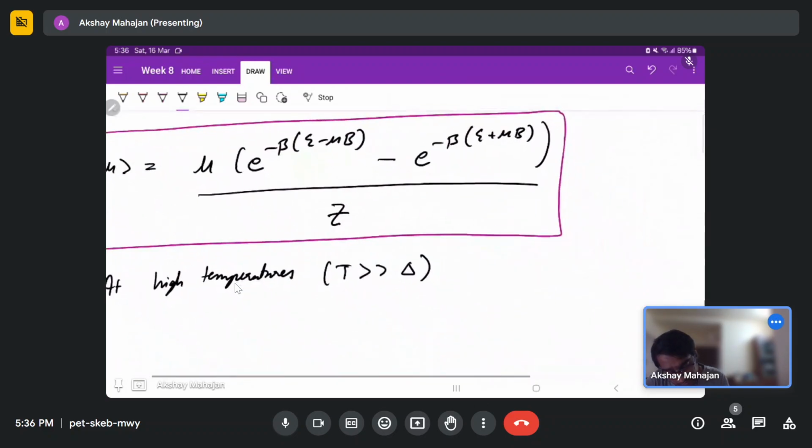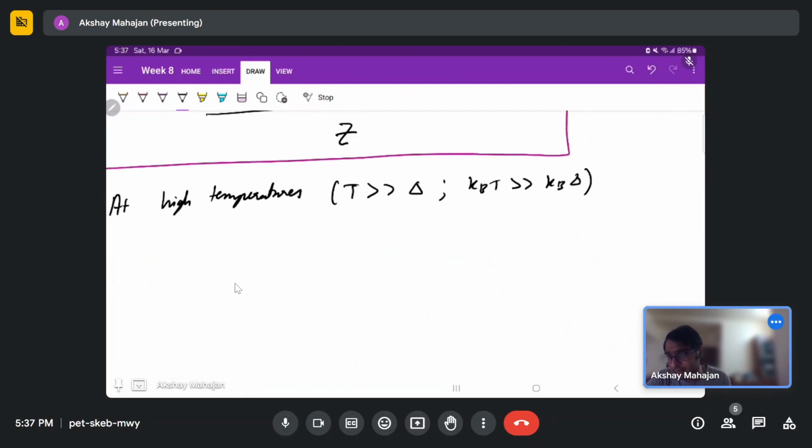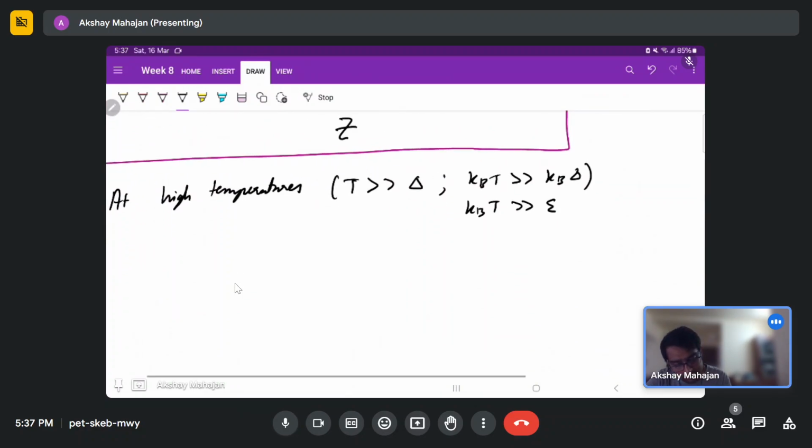That means basically you can say that k_B T is much greater than k_B times delta, which is the difference between the singlet and the triplet states, which we have said to be epsilon. So k_B T is much greater than epsilon. So this is the condition. In this condition, we have to find the susceptibility.